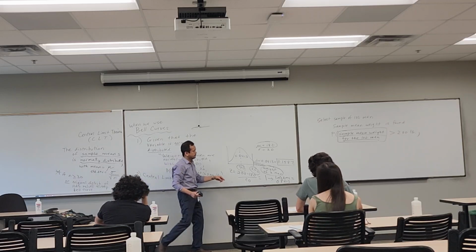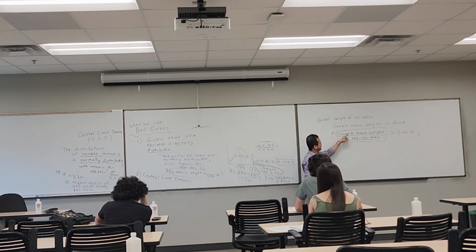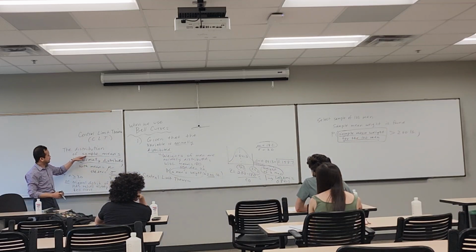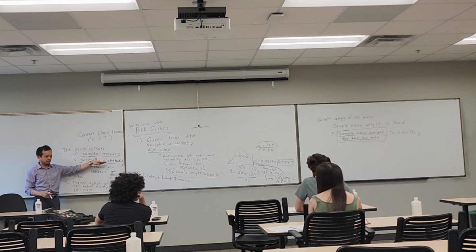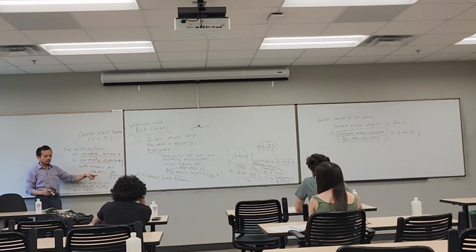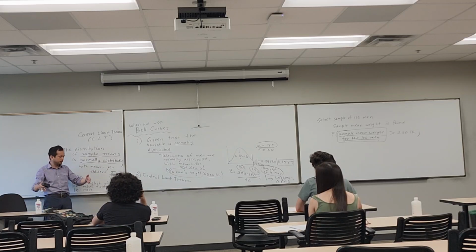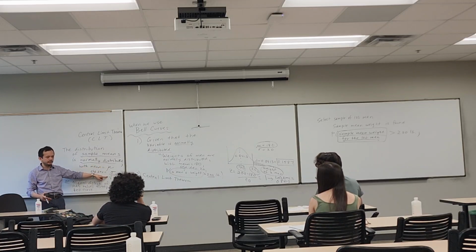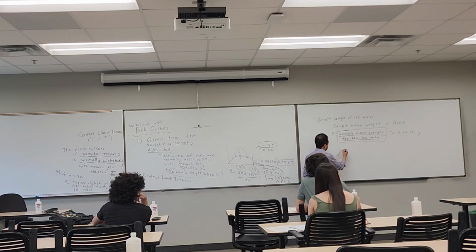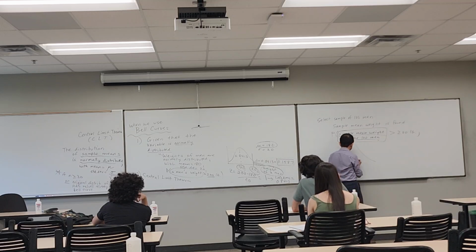But in this case, for this variable that represents a sample mean weight, we're going to use this idea of the central limit theorem that tells us that the distribution of sample means is normally distributed. And it tells us that the mean and standard deviation of this new distribution is as follows. So we're going to go ahead and draw out this new bell curve with this new mean and this new standard deviation. I'm going to draw out the distribution of this variable, which represents the sample mean weight.